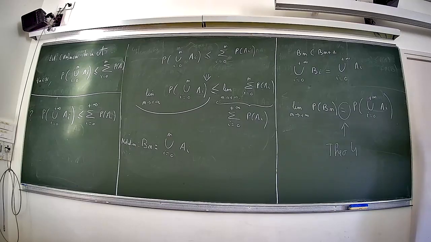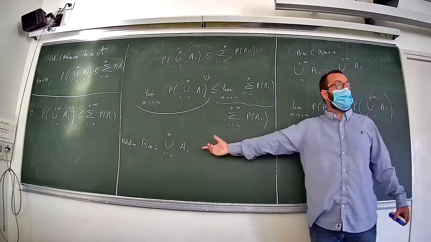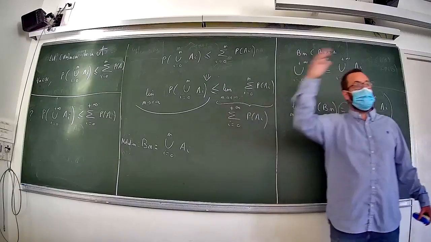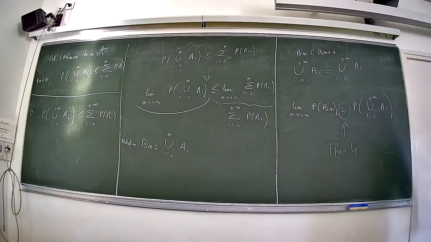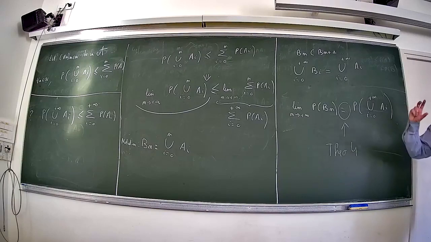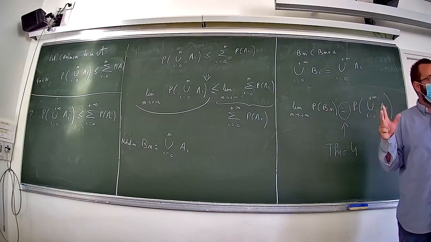So you have to find in your statement if you want to use something that is increasing or decreasing. It's not a hypothesis, this one. It's a consequence of the Bn I define. Bn is increasing. When you want to use a theorem, you have to check that the hypotheses are okay. If you are not in the framework of the hypothesis, it won't be possible for you to use the theorem, for sure.